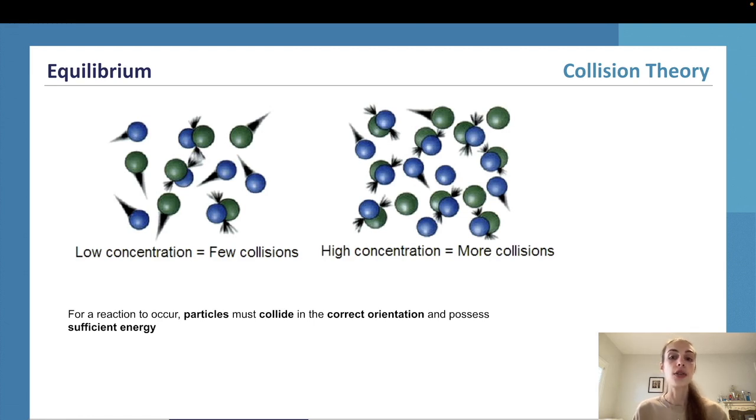Whereas at a higher concentration, there's going to be more collisions because there's more reactant particles moving around, and so it's going to be more likely that the collisions between them will be viable and at or above the activation energy, and it's just going to be more likely in general that the particles will collide because they're in a smaller space.